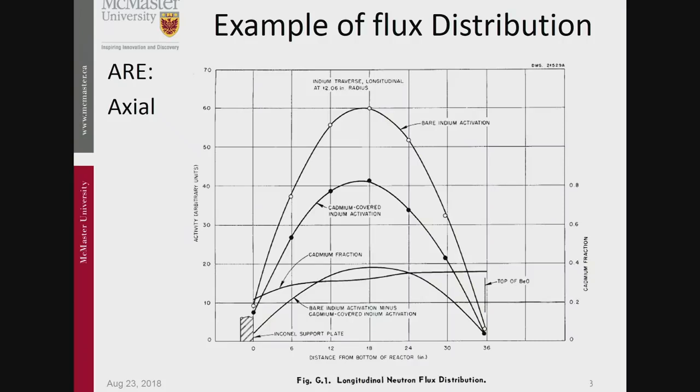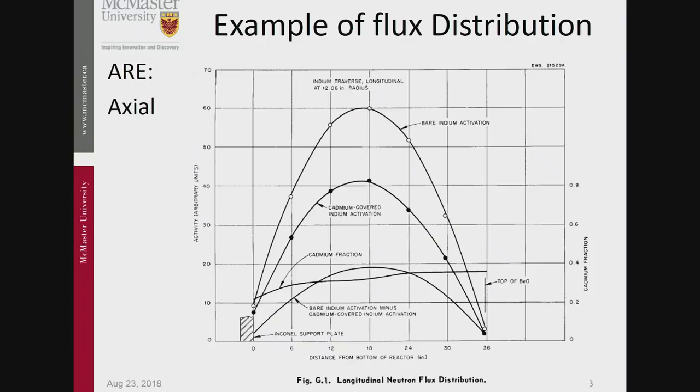But now, if you're smart, and they are smart, you want to know a little bit about the energy spectrum. And it so happens that cadmium has a very sharp cutoff at around 1 electron volt. So if you take indium and you cover it with cadmium, then you get rid of the thermal spectrum, and what you're left over is something which would reflect the fast spectrum.